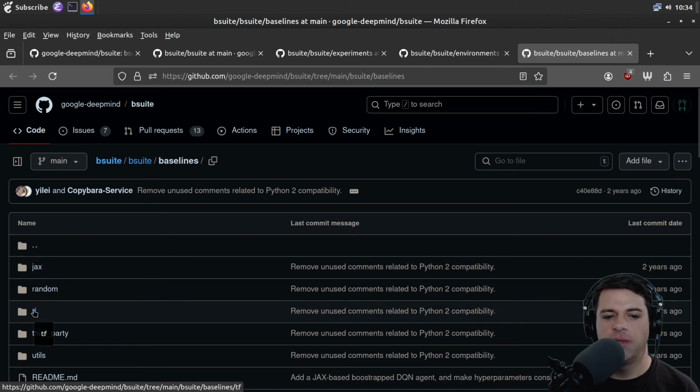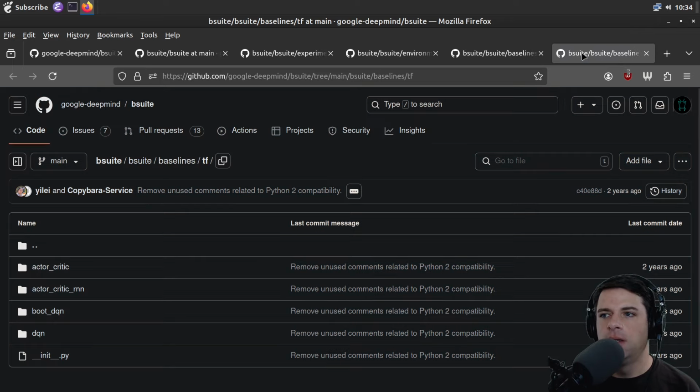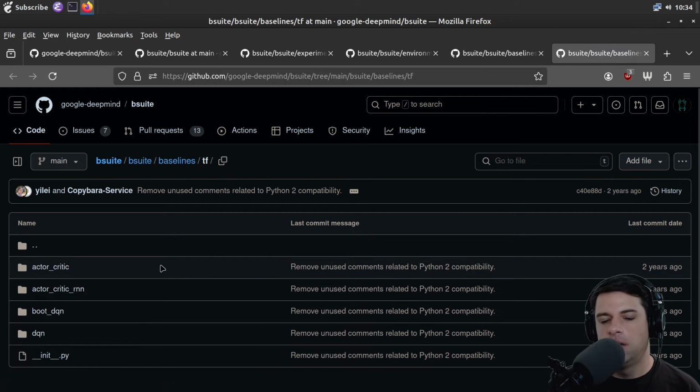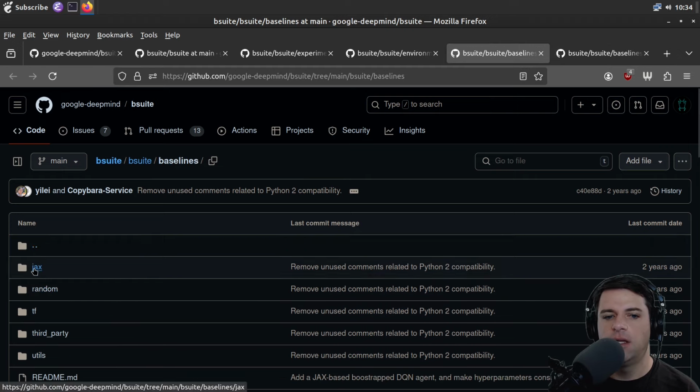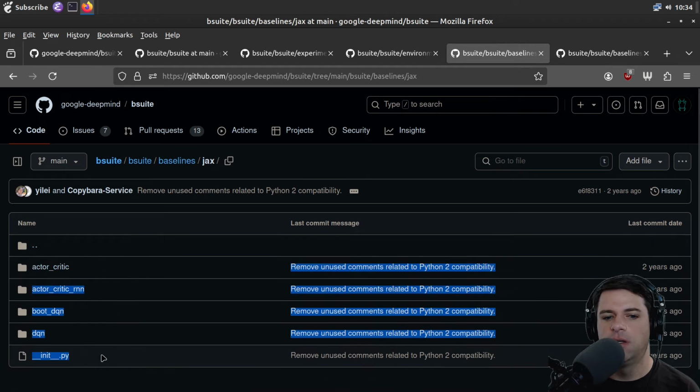And then TF, I'm going to guess, is TensorFlow, right? Yeah, probably. And so these are just different implementations of the optimization algorithm, DQN, boot DQN, actor critic, and actor critic RNN. And I assume JAX has the same stuff, yeah.